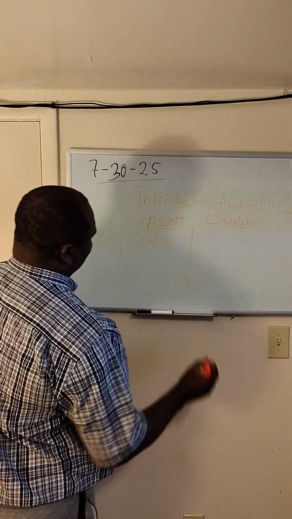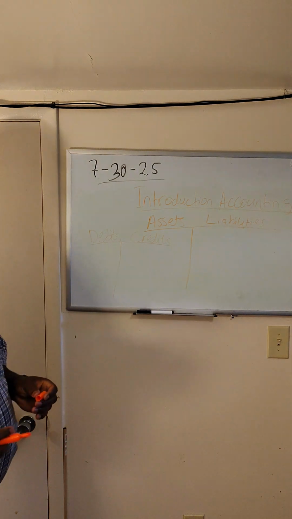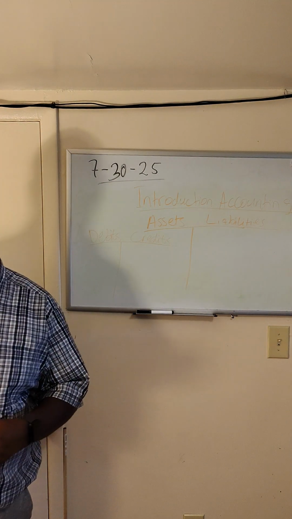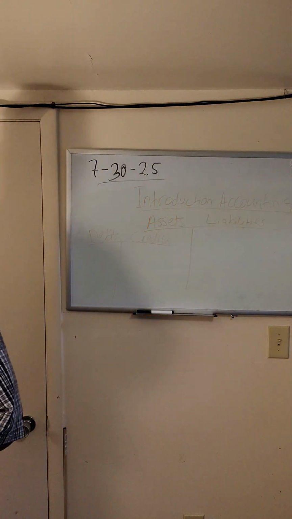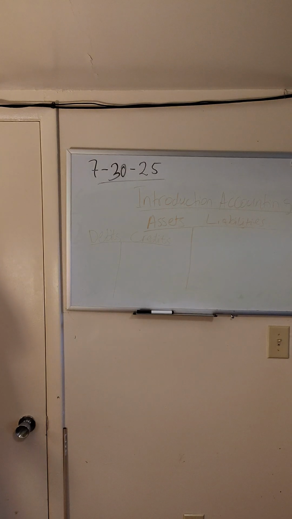And it's still a T account. You can make as many T accounts as you wish, but the main one will show the debit side, and then the other side will show the credit side.